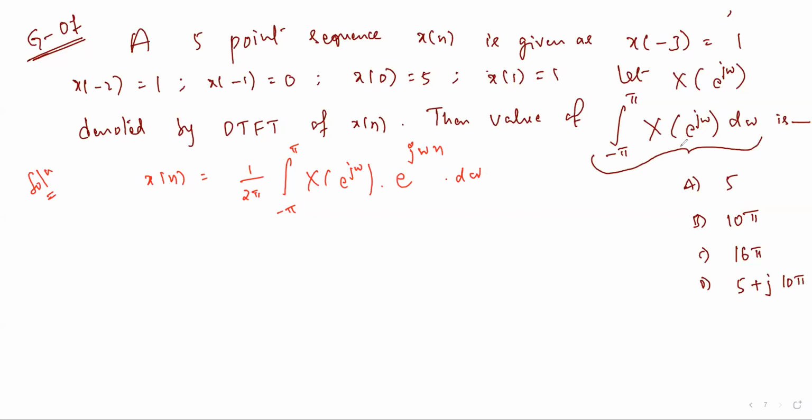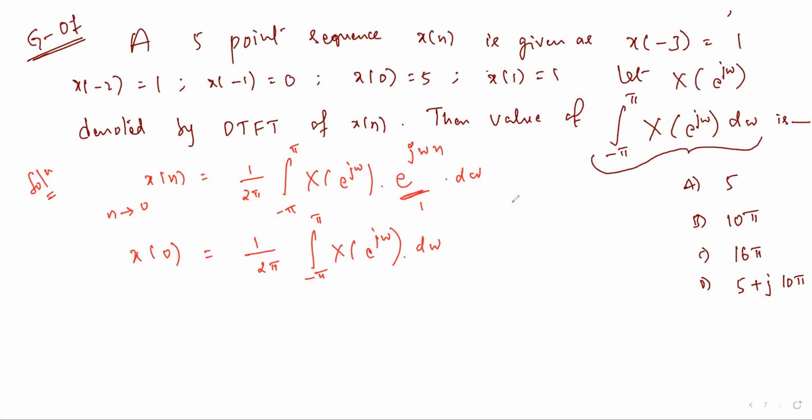But we have only x of e to the power of j omega. There is no exponential multiplied. So we can make this term equal to 1. How can we make it equal to 1? By taking n value 0. So x of 0 on both sides becomes 1 by 2 pi integral from minus pi to pi of x of e to the power of j omega, and this term becomes e power 0, which is 1, d omega.